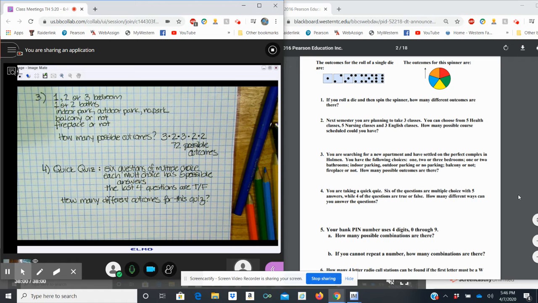Now this one's a little bit harder because you have to think about it in a slightly different manner.